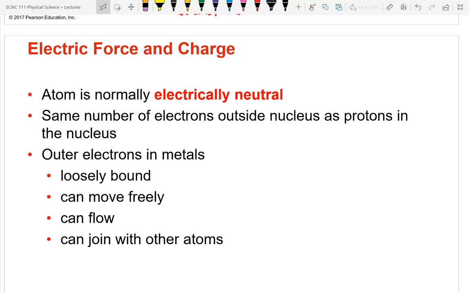So H has 1 proton, go over to the right, He has 2 protons. If it's neutral, how many electrons should He have? 2, because they have the same magnitude of charge, that's the same size of charge, but the proton's positive, the electron's negative. So 1 proton and 1 electron gives you a charge of 0. 2 protons, 2 electrons gives you a charge of 0.